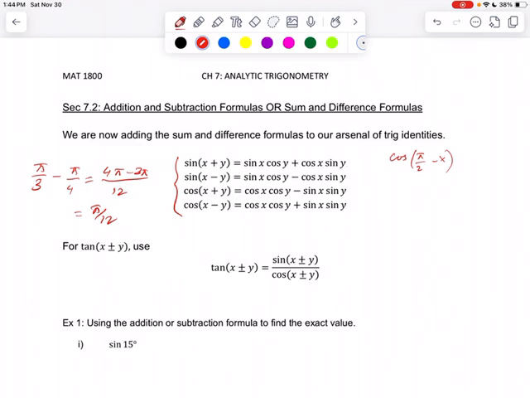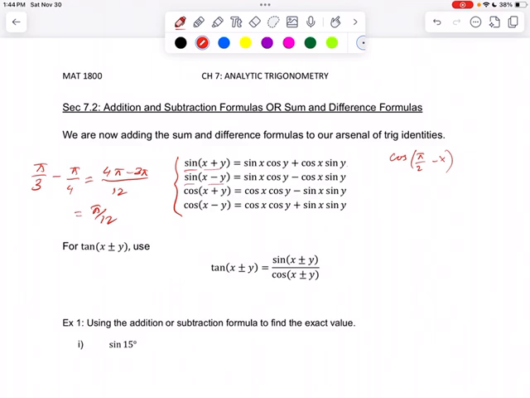Sine of x minus y is equal to sine of x times cosine of y minus cosine of x times sine of y.